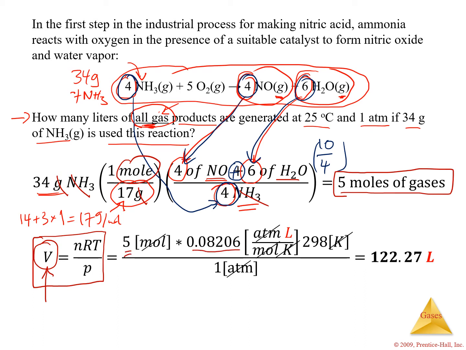We have a corresponding R value, which indicates that we're going to use atmospheres for pressure, and the number is going to be calculated in liters. 298 is the corresponding temperature in kelvins. 1 atmosphere is here, and 5 moles we just calculated.